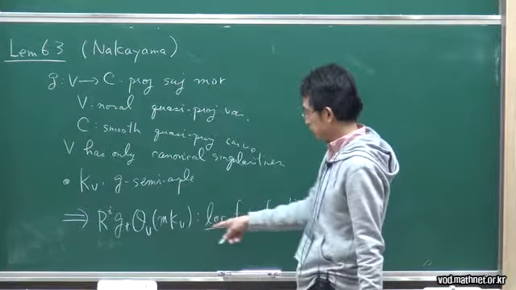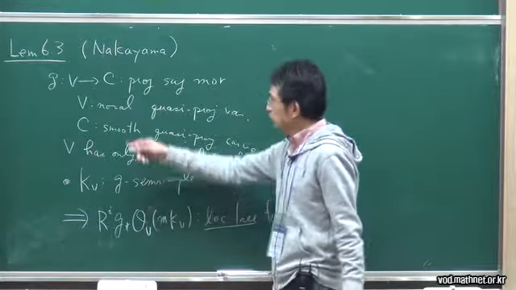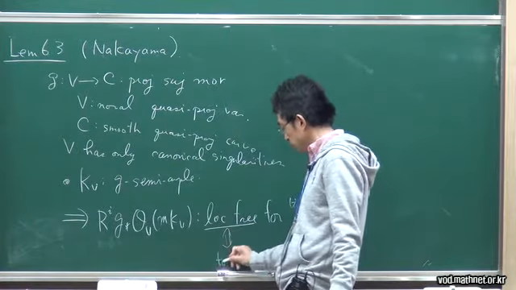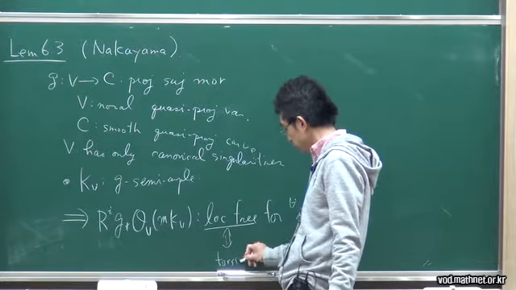This lemma says this is locally free, but in this case, C is a curve, so this is nothing but torsion free.